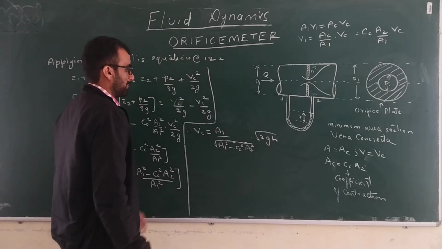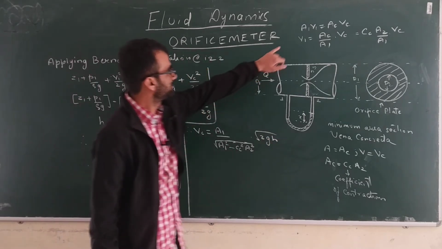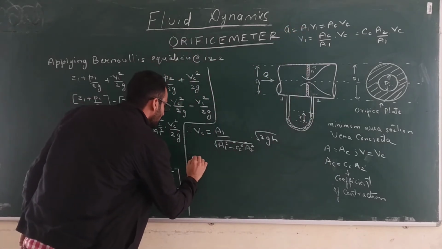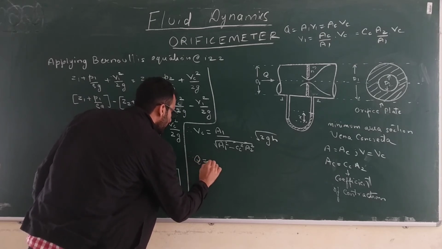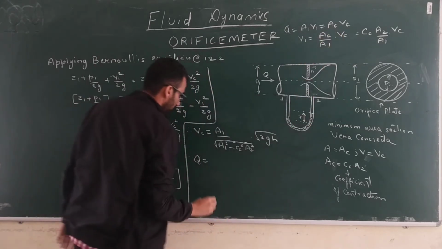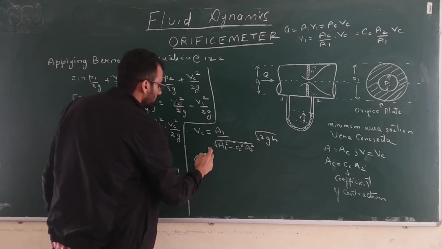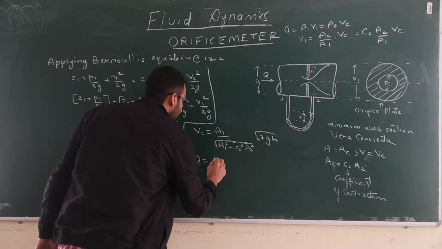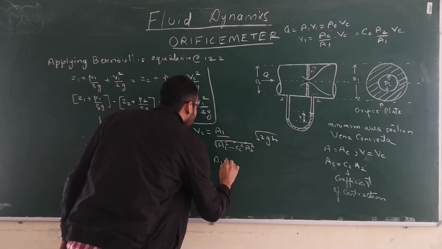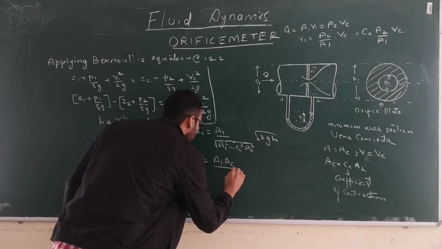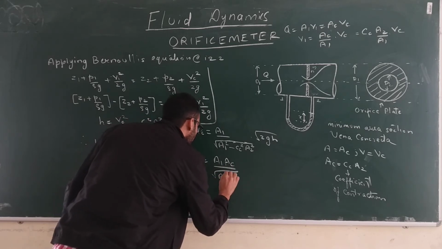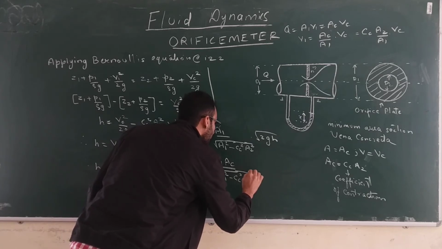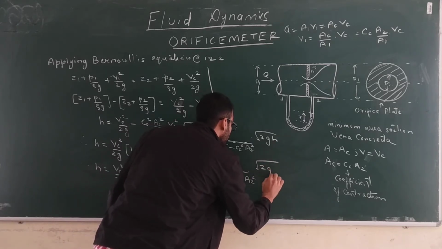But what is discharge? Q is equal to area into velocity. So just multiply AC into Vc; we already know the Vc. So you will get A1 AC upon under root of A1 square minus CC square into A2 square, into under root of 2gh.